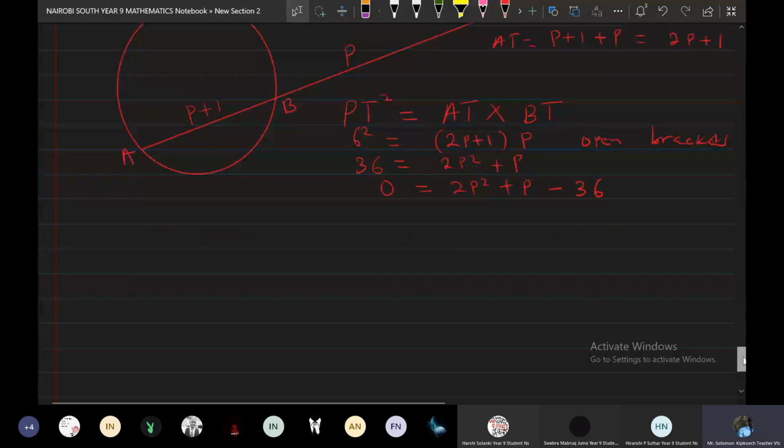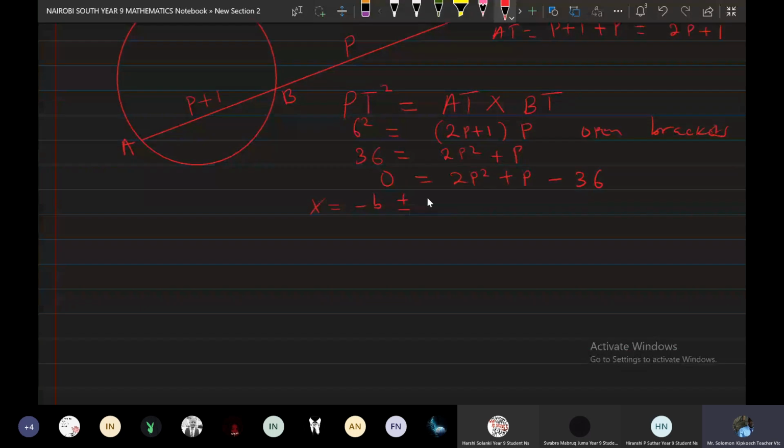Now let's use the quadratic formula. You know that x equals minus b plus or minus the square root of b squared minus 4ac, all over 2a. Sorry, there are some changes I need to make, but it's okay. So all over 2a.